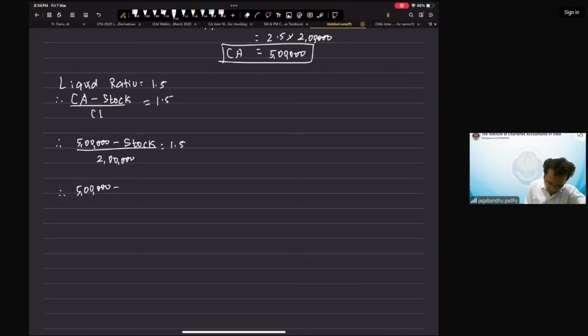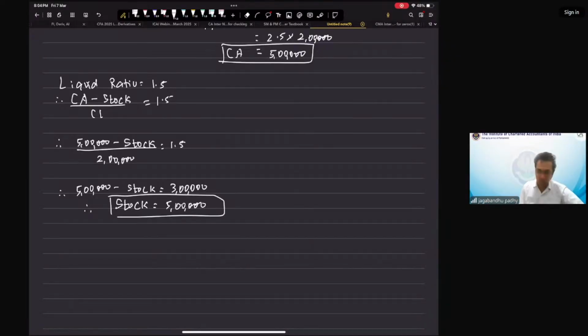So 5 lakh minus stock is 3 lakh. The value of stock is going to be 2 lakh.